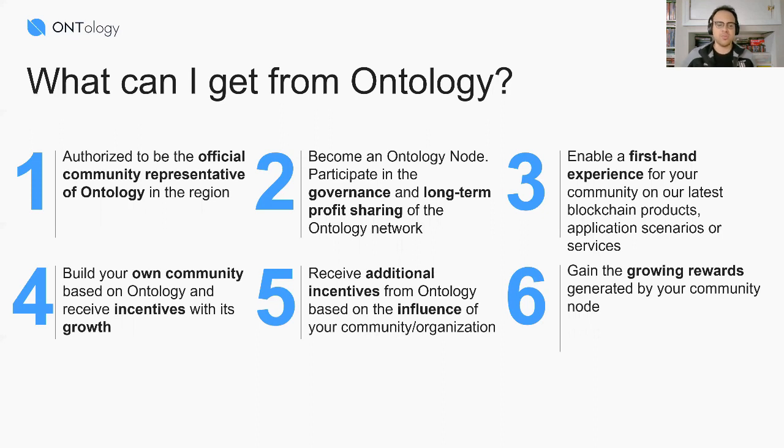They can build their own community based off of Ontology and receive incentives in the growth. So we'll support the growth of the network, support the growth of your community, which supports the growth of your node. There's additional incentives based on the influence. So the bigger the community is, or the more the community helps and the more the community contributes, the more that it will find its way back into the community.